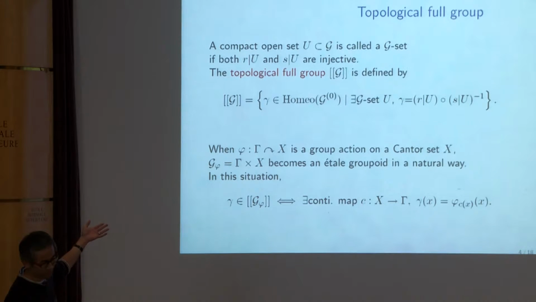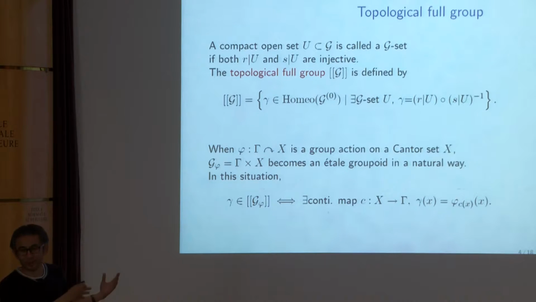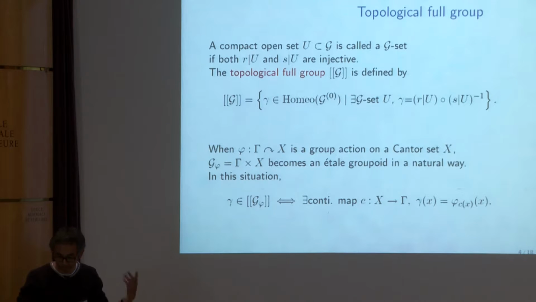So in this slide, I'm saying that if I'm given an Etale groupoid, then I can construct a topological full group. And the most fundamental example which I have to keep in mind is the group action. And I'd like to go to some other examples later.